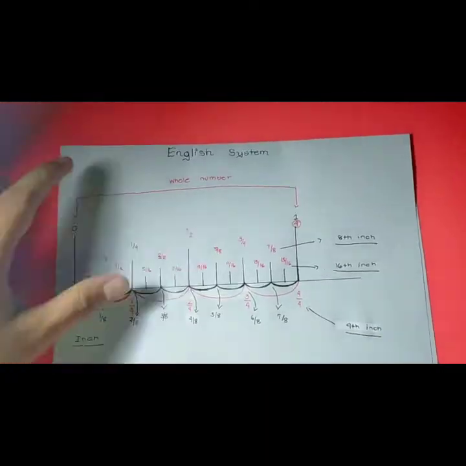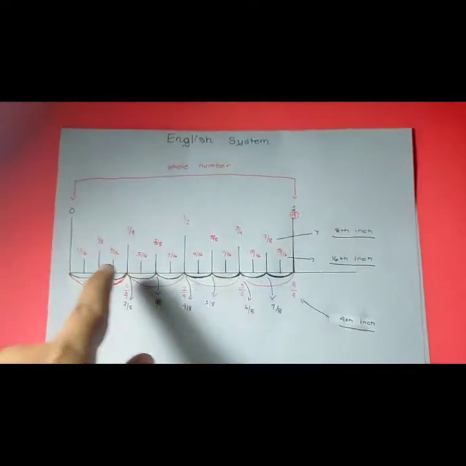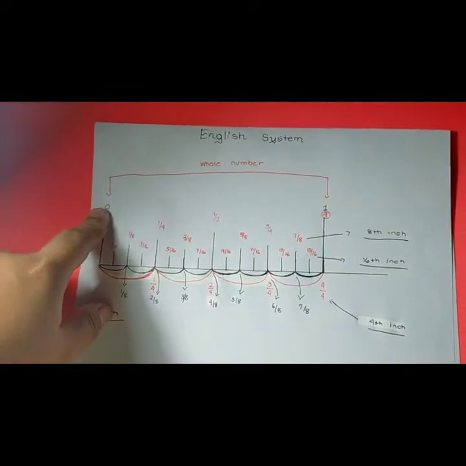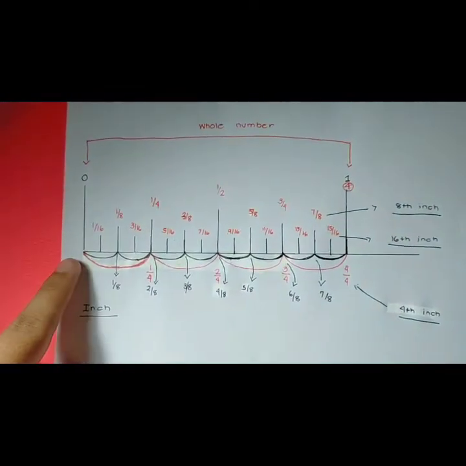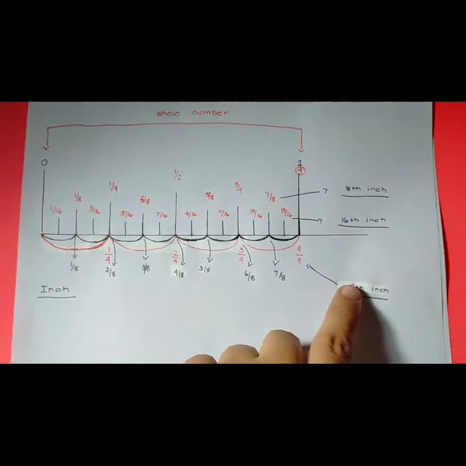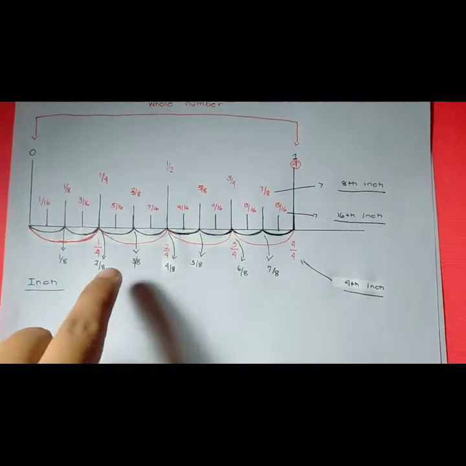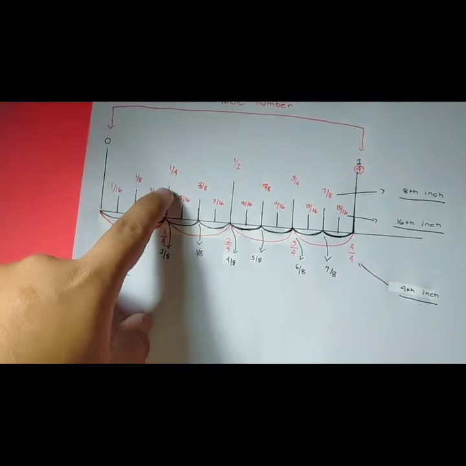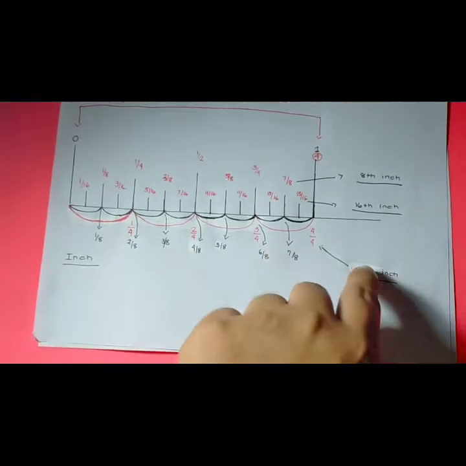So for me it is quite hard because it's a lot of numbers here. So let's start with, okay, this is the 0 and the 1, so this is the whole number. So first, let's start to count this fourth inch. This big line here is the fourth inch.